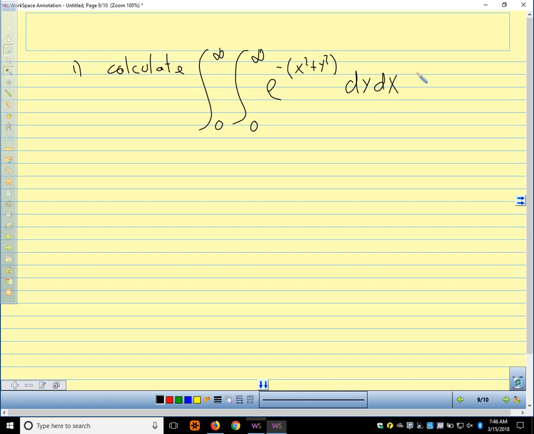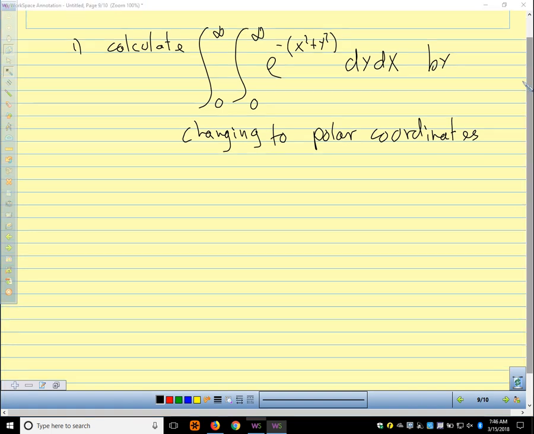You get pie, that's why. By changing to polar coordinates, we want to change this to polar coordinates.